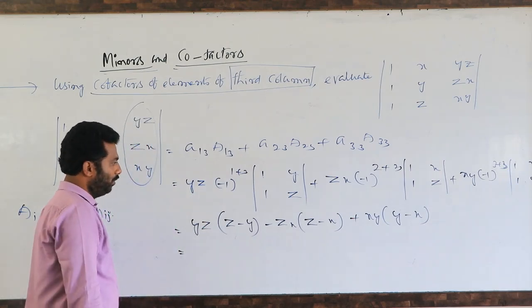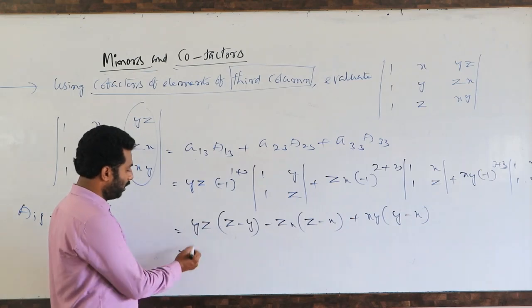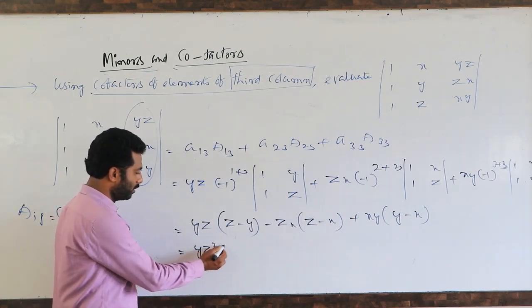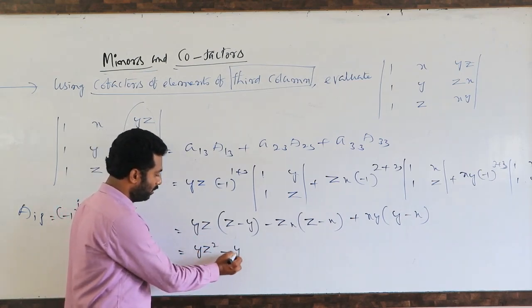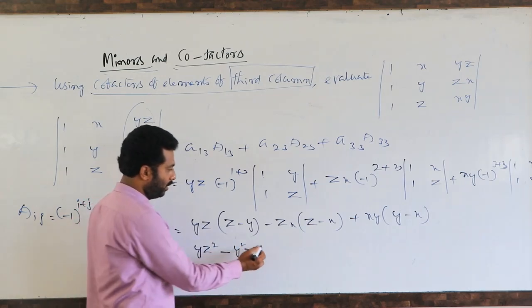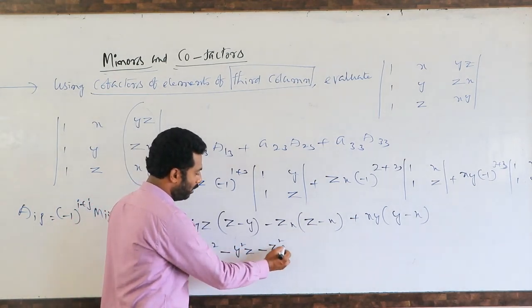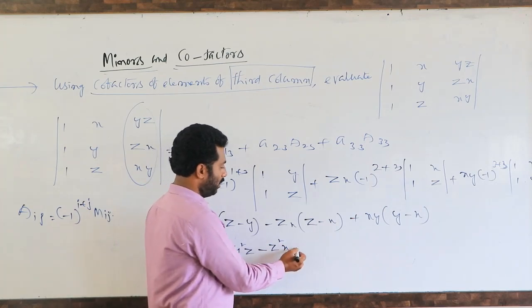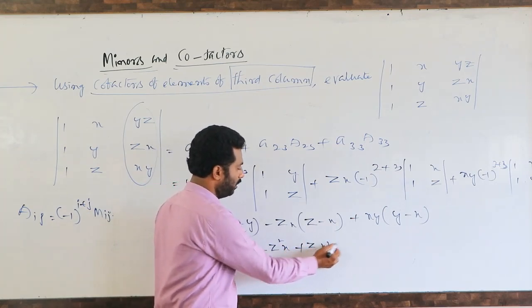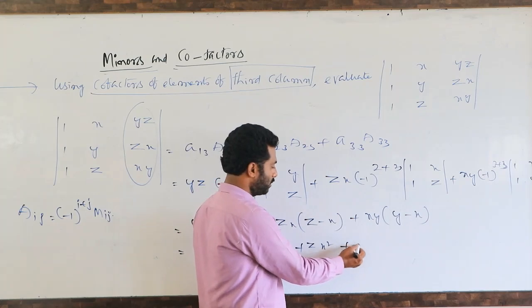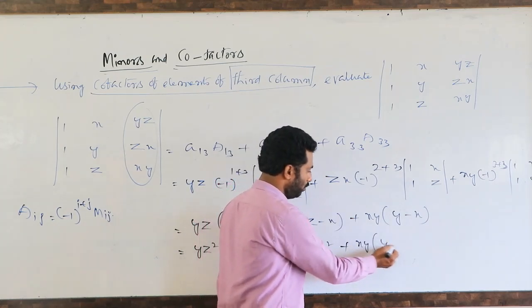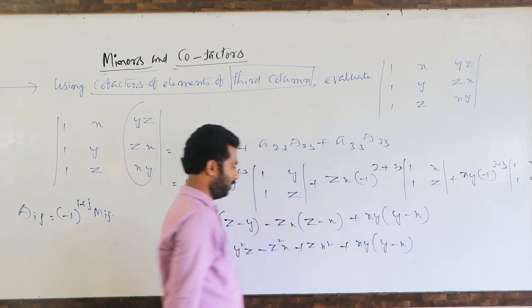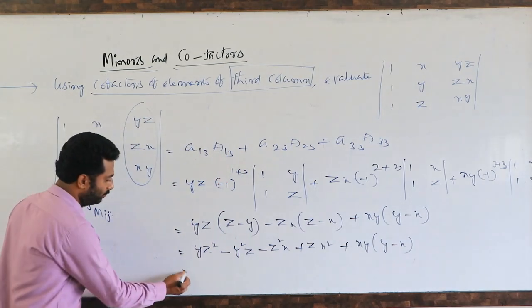How to prove it? You observe. Just we are multiplying. This is yz square minus y square z minus z square x plus zx square plus xy into y minus x.